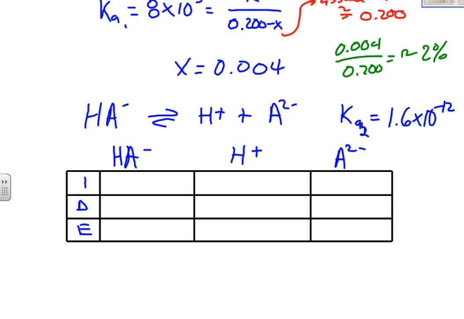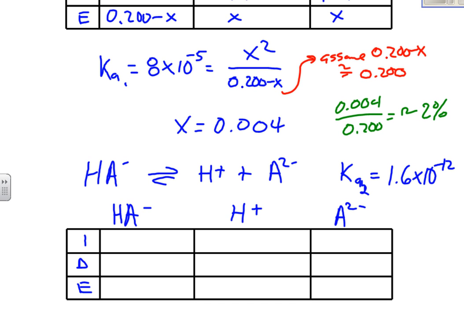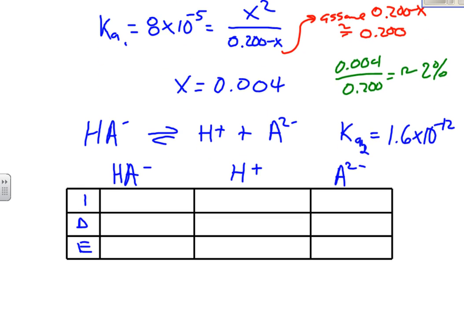But what we'll have to do is make some assumptions to make our work actually manageable here. So if we look back at our equation from before, we can imagine that the initial concentration is the equilibrium concentration of the H plus right here, and the equilibrium concentration of the HA minus still exists as we do this new equilibrium. So if we come down here, we can fill in those values into the table.